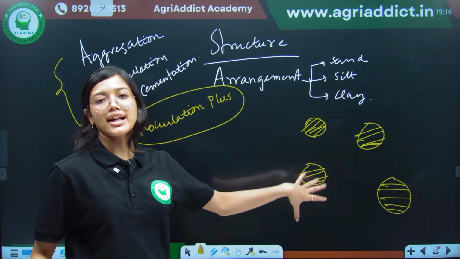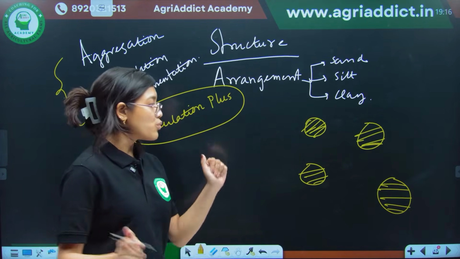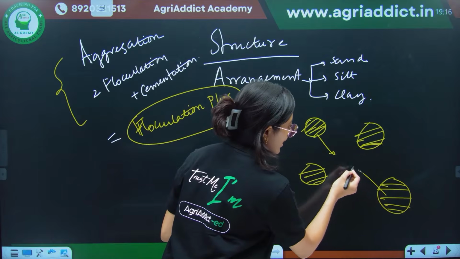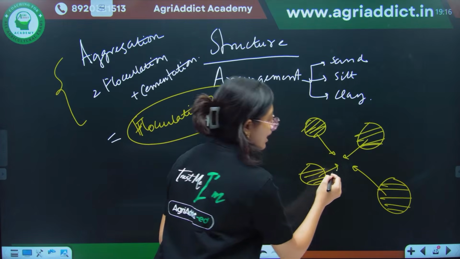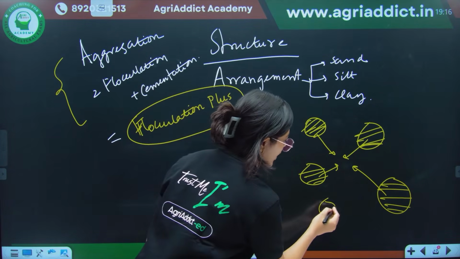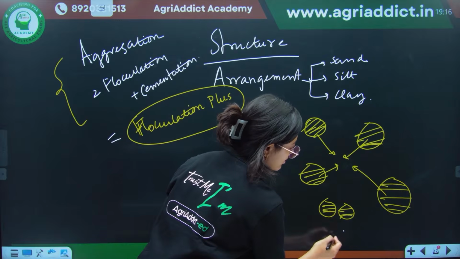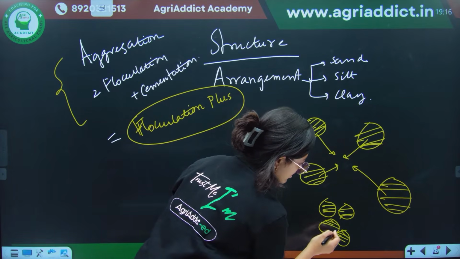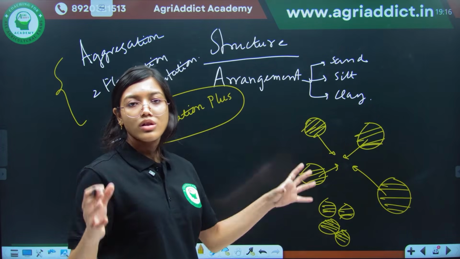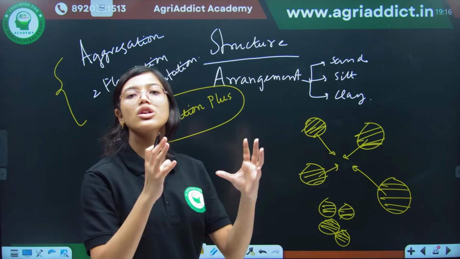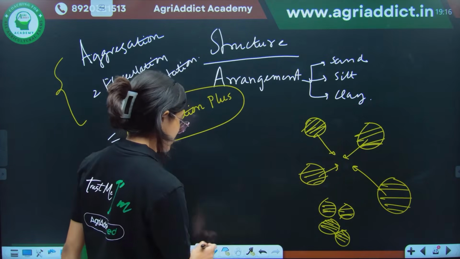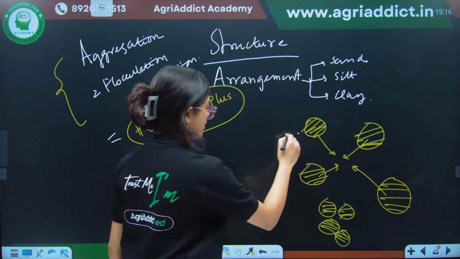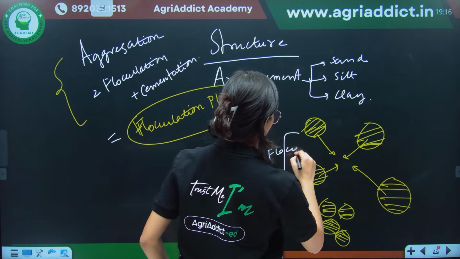When these particles come together, they are getting flocculated. Now they are in proximity, close to one another. So this process of getting close is called flocculation.